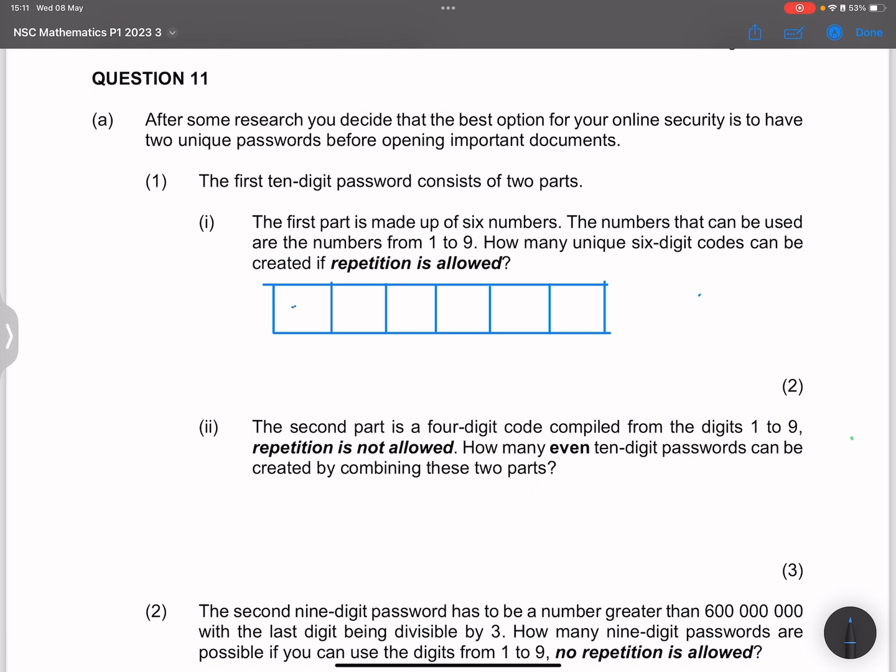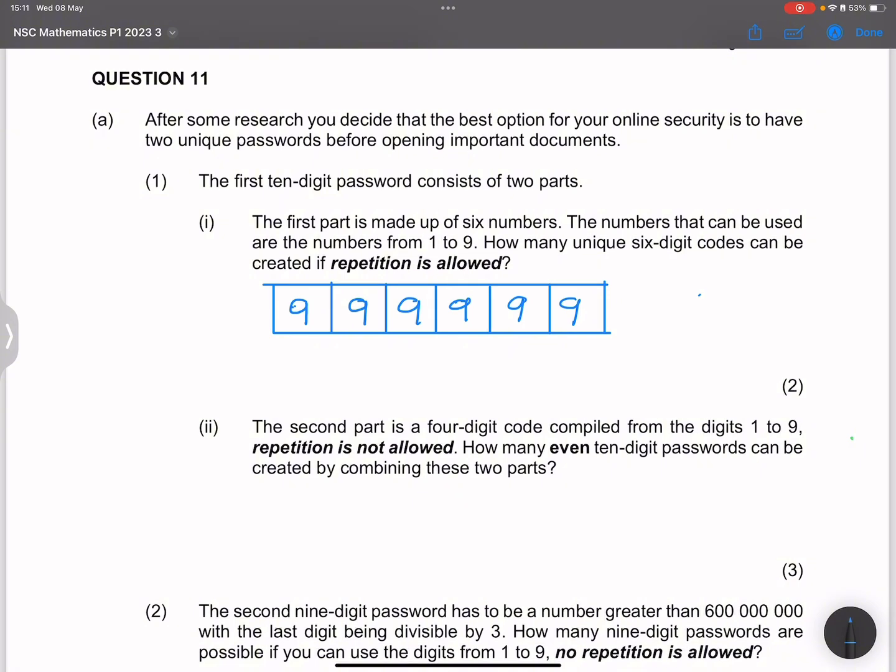Well, I've got 9 to choose from. Because repetition is allowed, in the second one I can still use all 9 to choose from. The same is true for the third, fourth, fifth and sixth one.